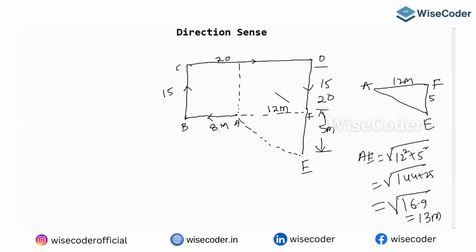So what is the question? Ramya's house is towards the northwest from the park. This is the park, this is her house.